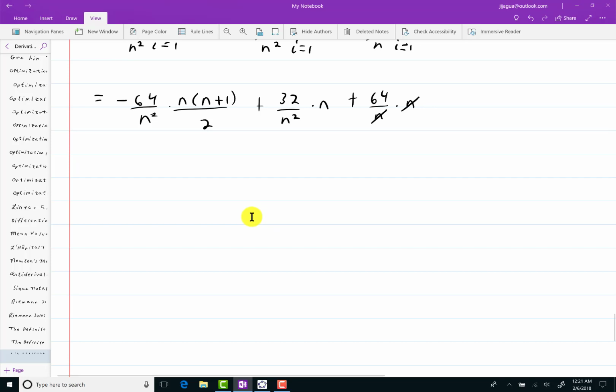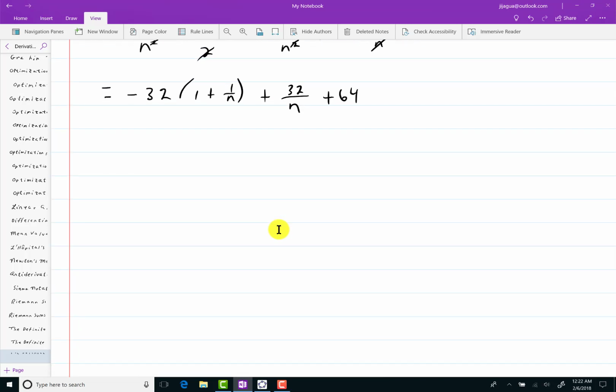I can take this out of here. I can take this and change it to a 32. And then like I did before, I can take this n and sneak it under n plus 1. So we have negative 32 times 1 plus 1 over n plus 32 over n plus 64.